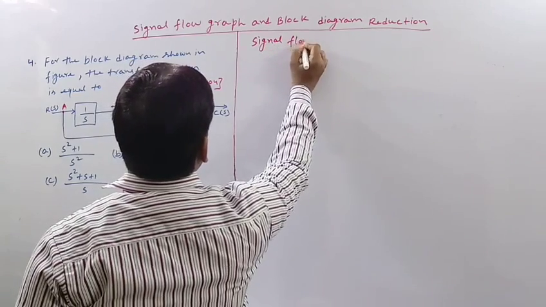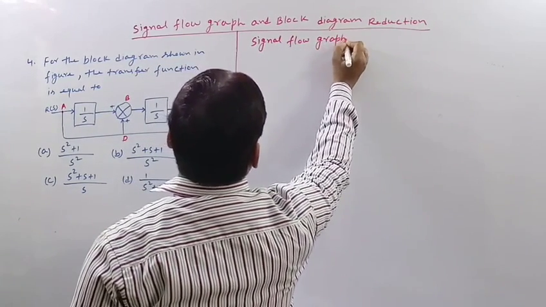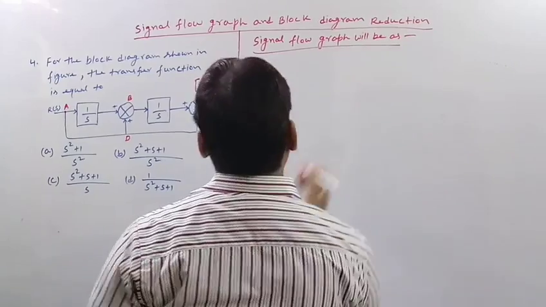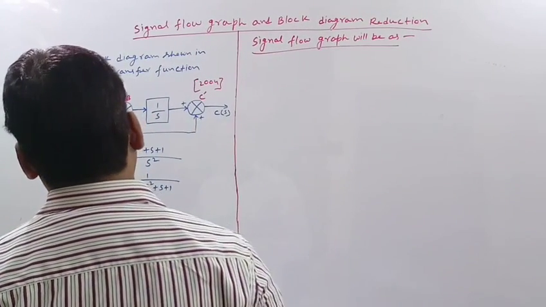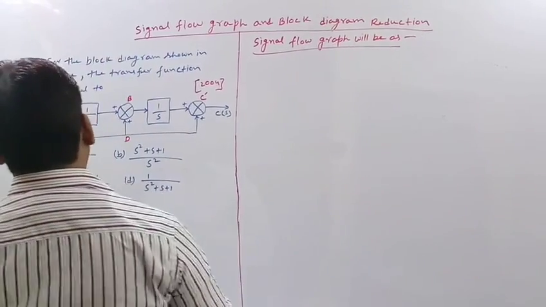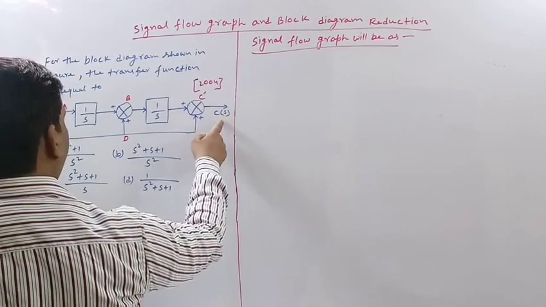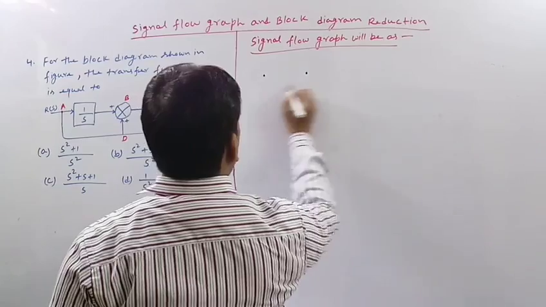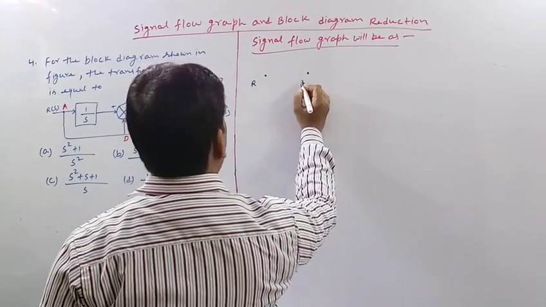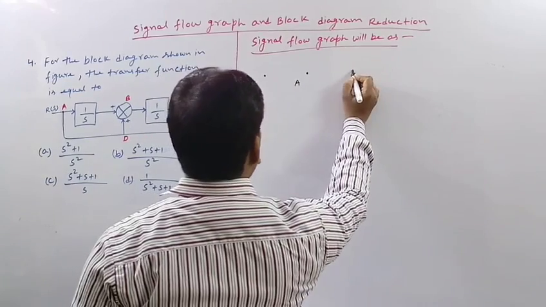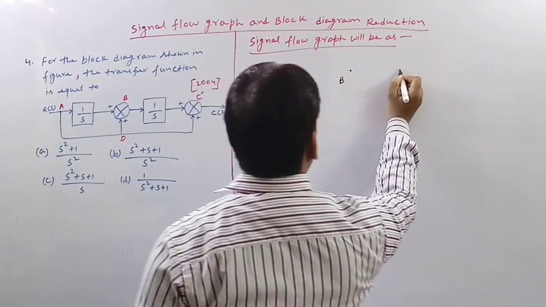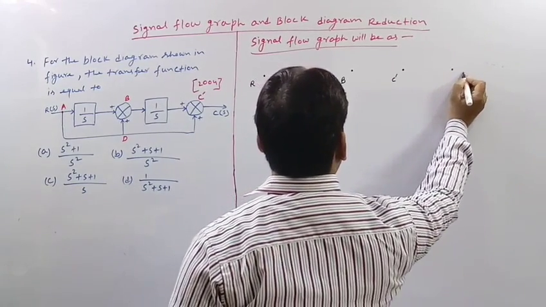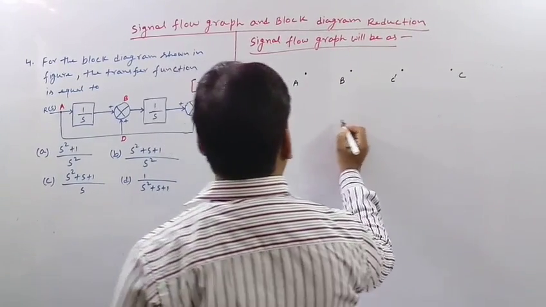There will be 6 points: R, A, B, C dash, C and D. So here this is R, this is A, this is B, this is C dash, and this is C. And there is one more point D.